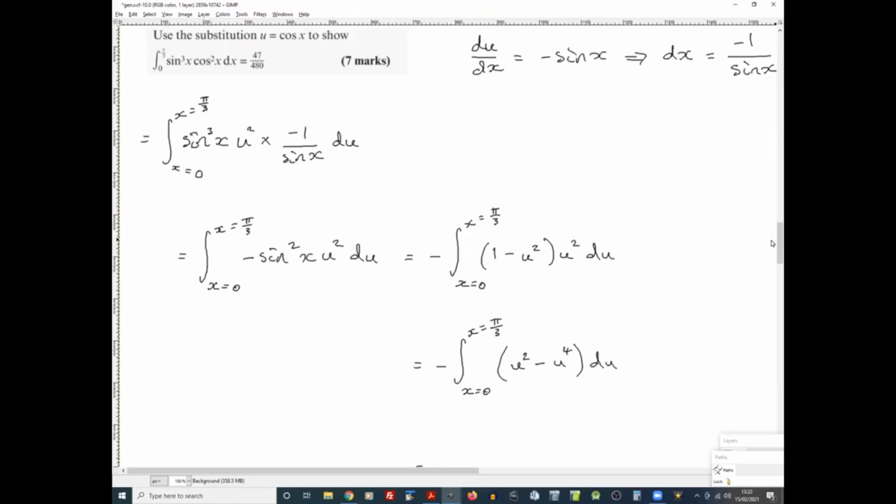Which is 1, and therefore has a cos coordinate of 1 root 2. God, I can never do these in my head.